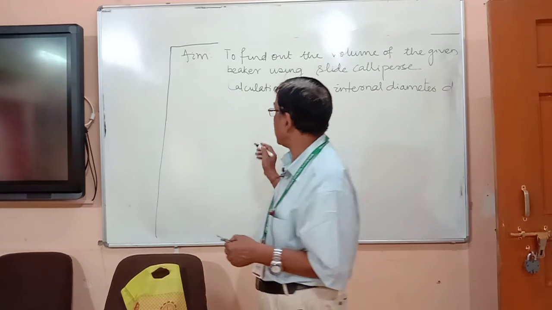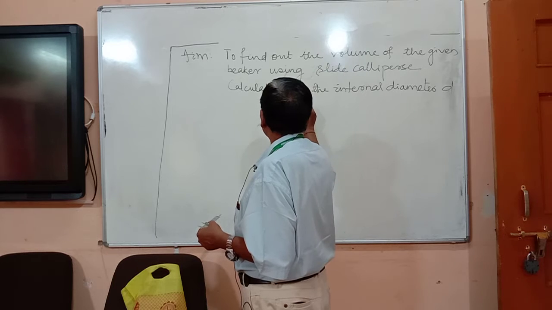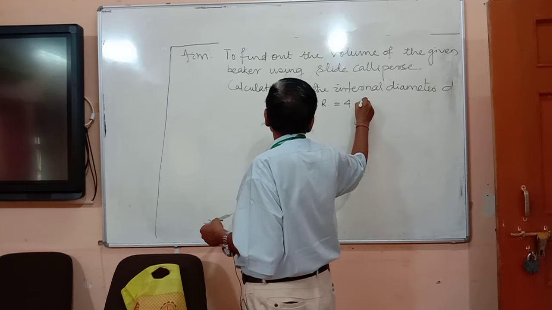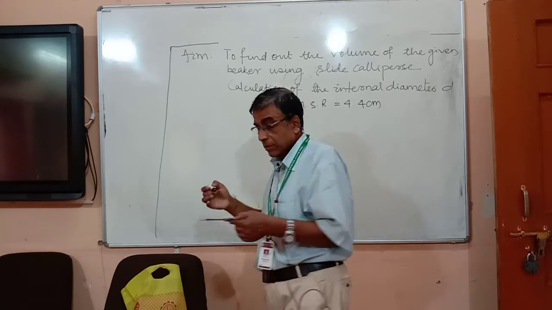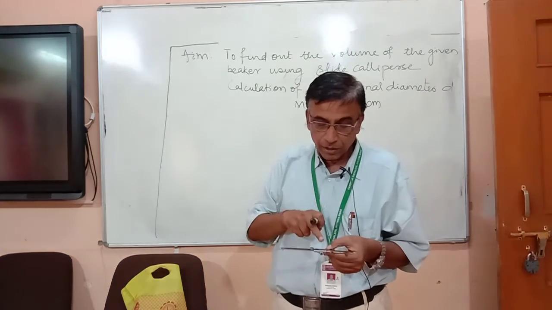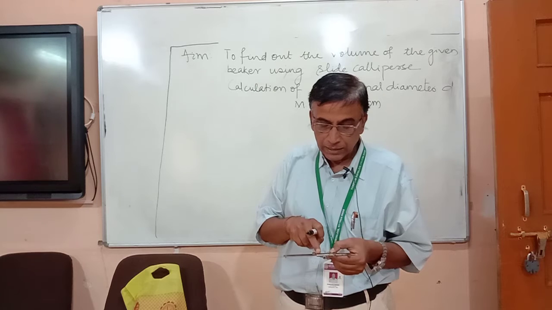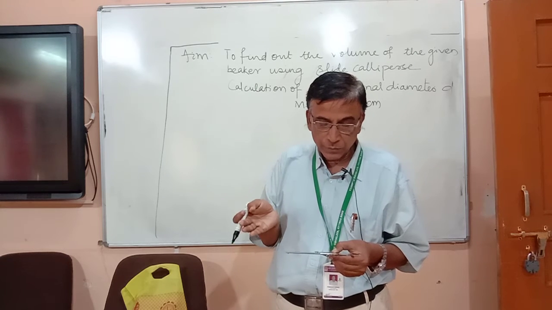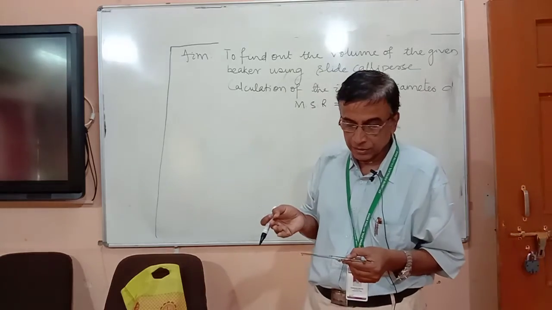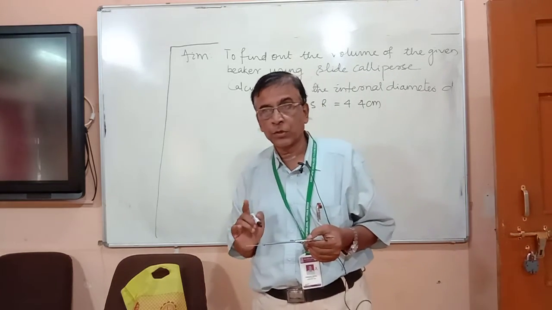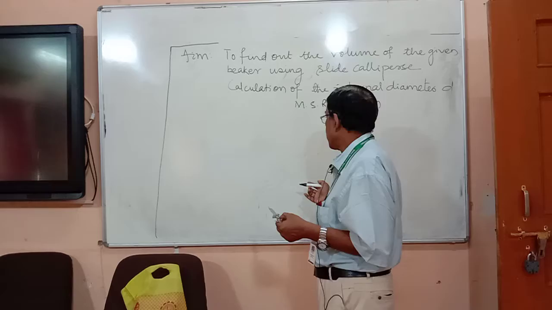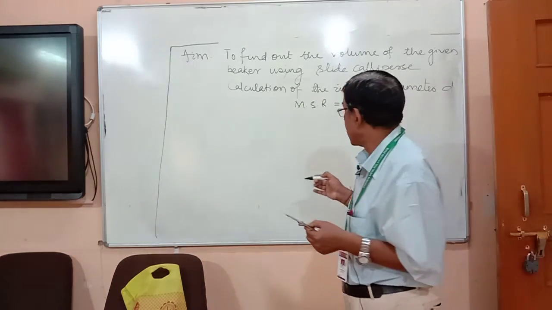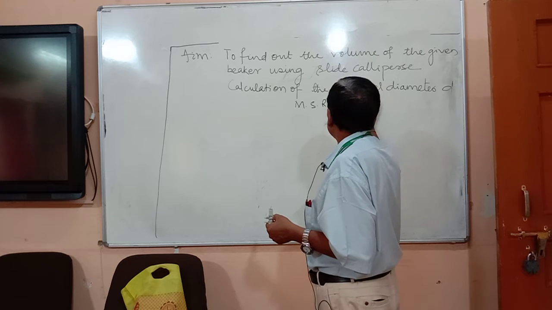It means the main scale reading you have to take is 4.4 centimeter, because your vernier 0 is just between 4.4 and 4.5. That is why I take 4.4. Then some plus; that plus will be your VSR, vernier scale reading. So 4.4 is your MSR.